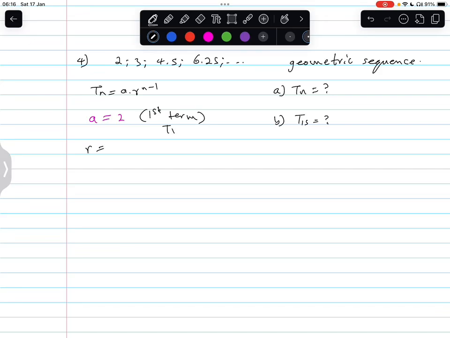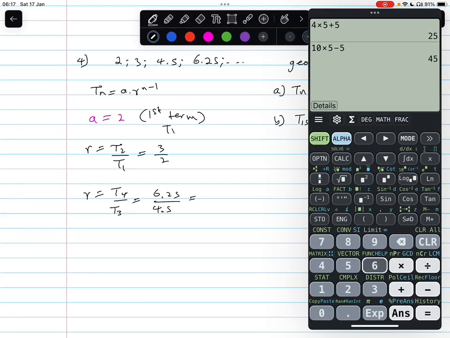Dividing consecutive terms, like term 2 divided by term 1, 3 over 2. If you just want to verify, you can take term 3 divided by term 2, or term 4 divided by term 3. 6.25 over 4.5. We grab our calculator.